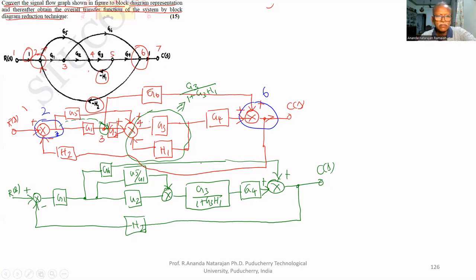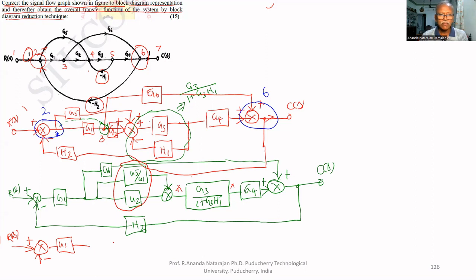Now we can combine these two together, and multiply with this and with this, so that this block diagram is reduced to R of S, minus, plus, G1 as such, and this is added together.